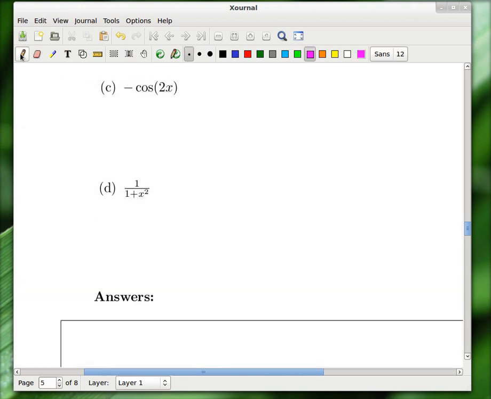And D is also a no-brainer, so this is just the antiderivative is inverse tangent. And if that makes you scratch your head, it's because we just have to know that the derivative of inverse tangent is this. Although I shouldn't say that, right?